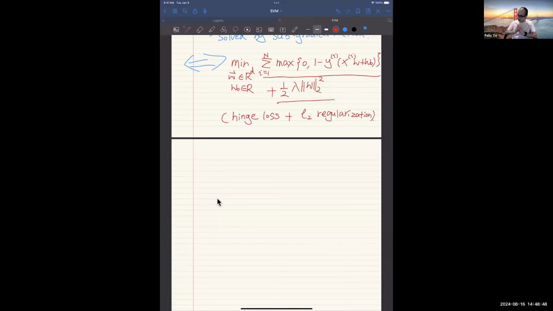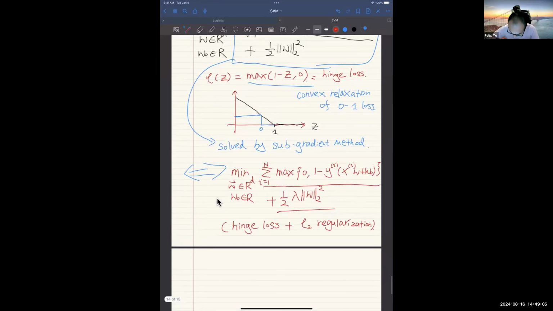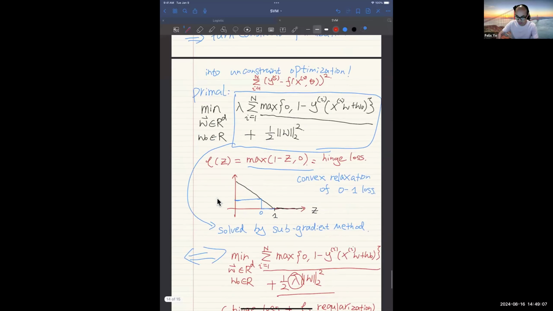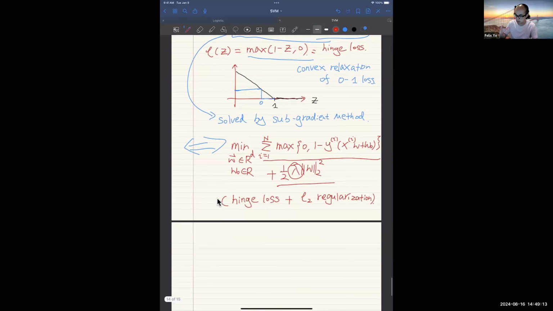So the soft margin SVM is equivalent to taking the hinge loss plus the L2 regularization. But in this case, this lambda is kind of the opposite of the first lambda that we had. So this is a different way to interpret it, but that is okay.